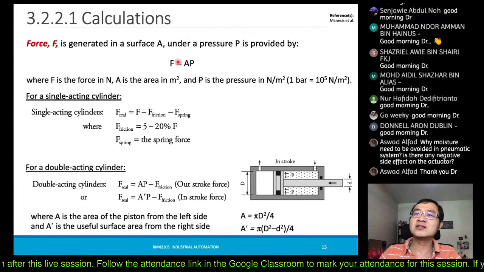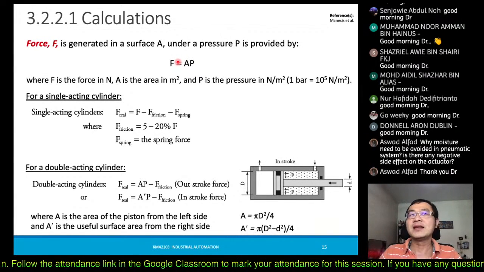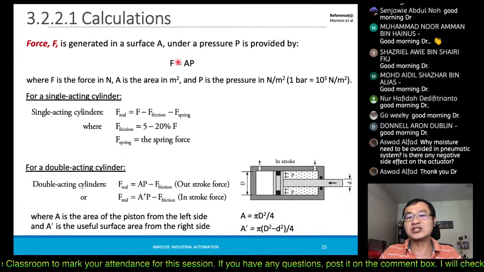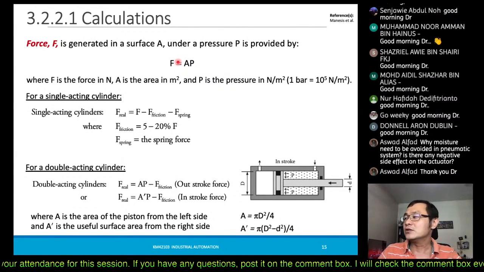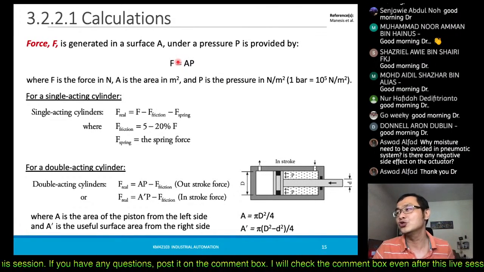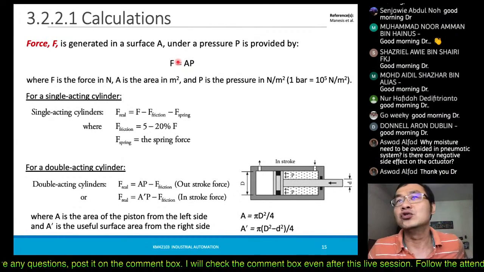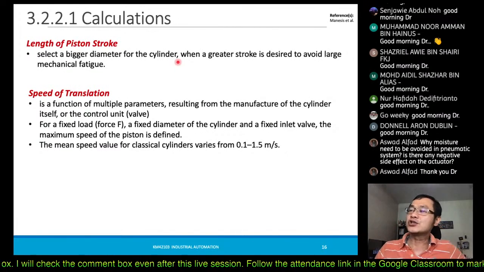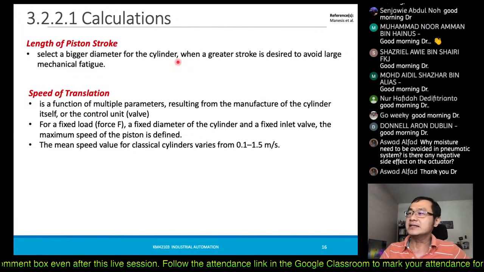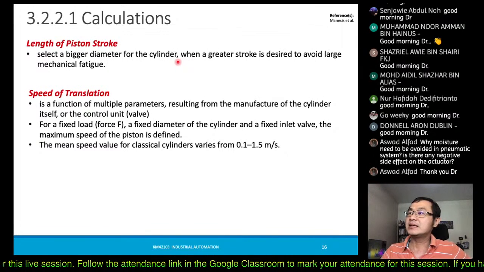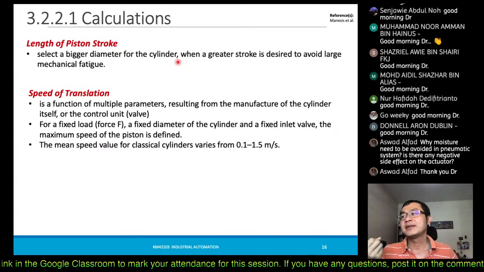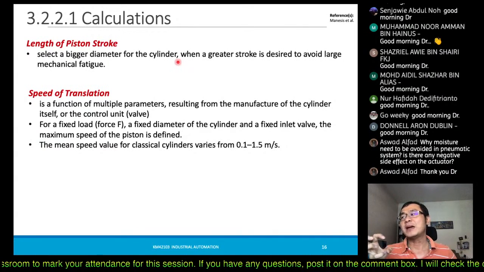Most manufacturers will have specifications stating the allowable maximum operating pressure. That will help you to limit your selection. Then also the length of the piston and the speed of the translation would be a function of your manufactured cylinder.